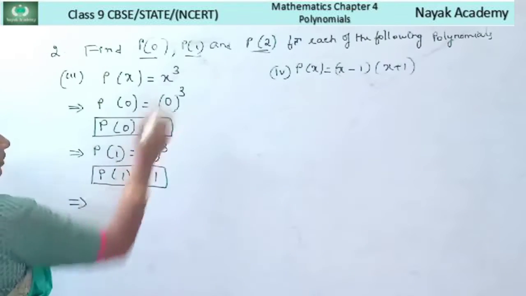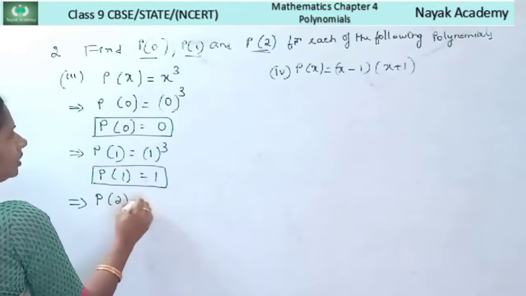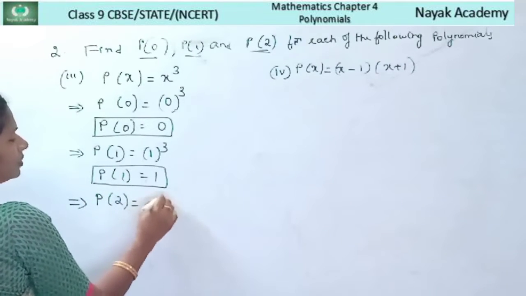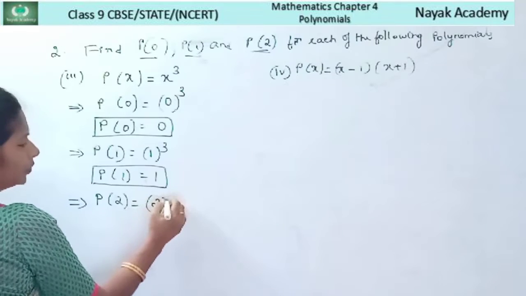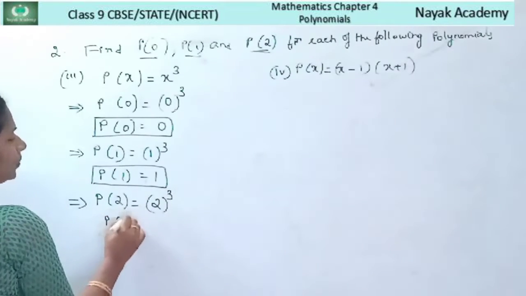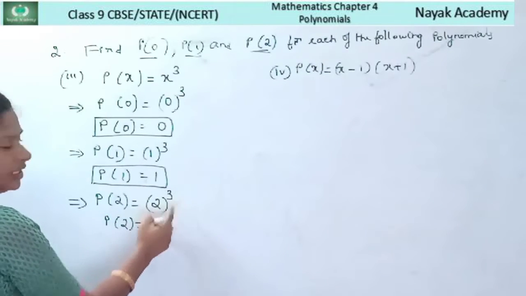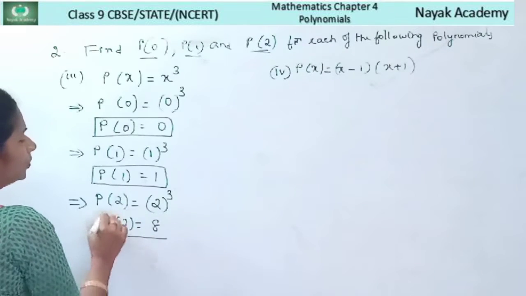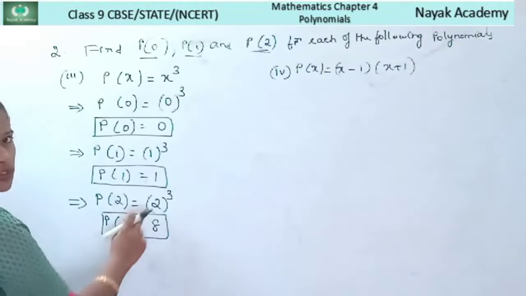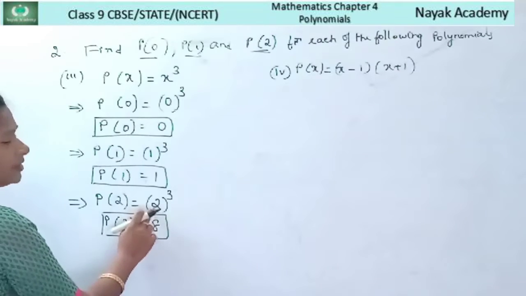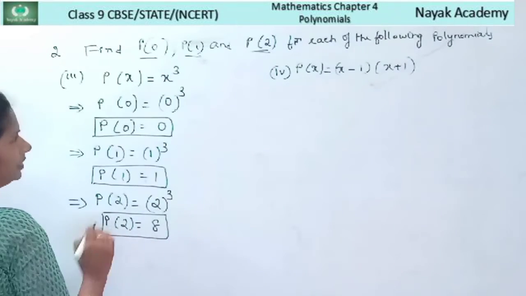Let us find the value of p of 2. In place of x, you substitute the value as 2 cube. So p of 2 equals 2 cube, value is 8. 2 into 2 into 2, 3 times you have to multiply by 2. 2 2s are 4, 4 2s are 8.